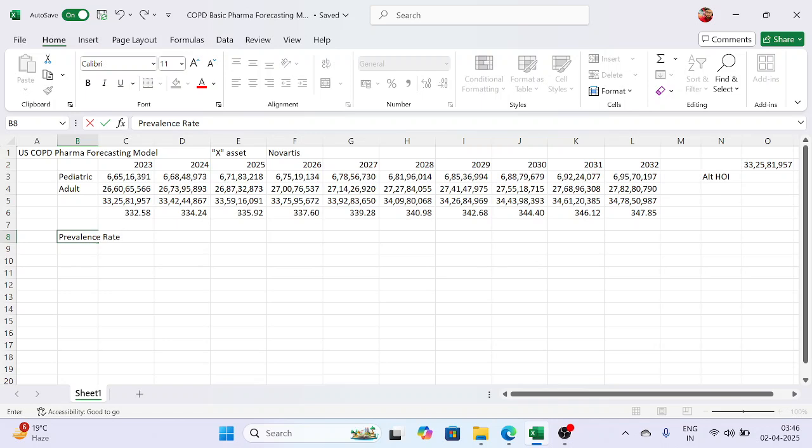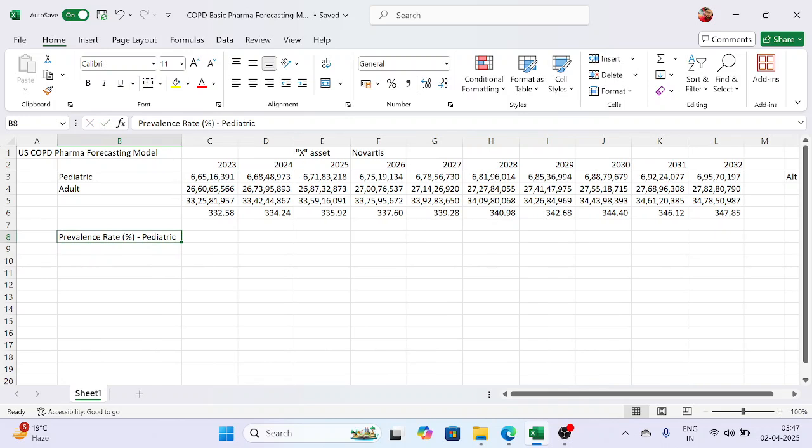So let's say prevalence rate in percentage for pediatric population. Okay. Similarly, we will be checking prevalence rate for the adult population.